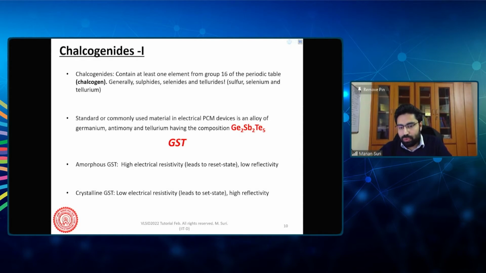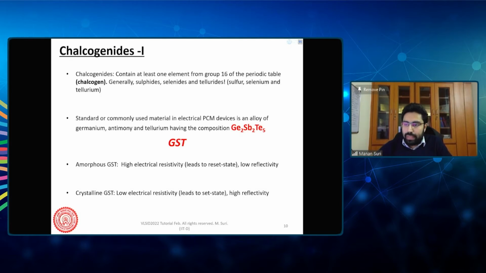Less current would flow through it, and if you transition the material into a crystalline phase, it will become more conductive, and more current would begin to flow through your device. So this basic difference in the amount of current that you can easily sense flowing through two different phases of the material is essentially what gives it the power to store 0 and 1.